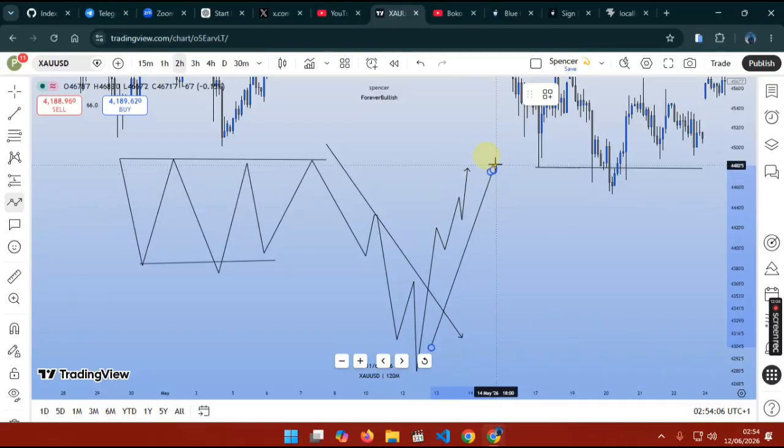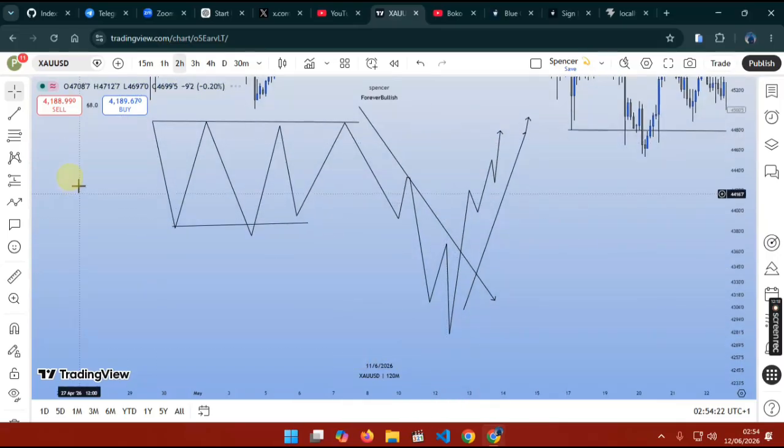So it's just what I just taught you guys here now: ranging market, downtrend market, or you call it a bearish market, then uptrend market, or you call it a bullish market. This is just the three market structures we have.